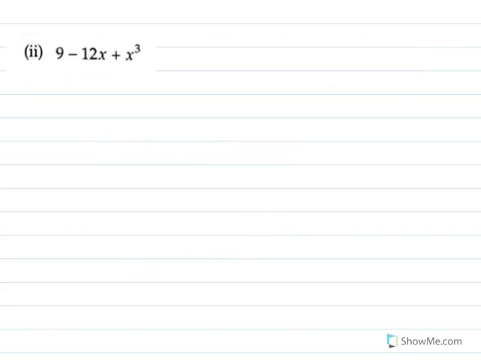For the next sum, here we have 3 terms, 9 minus 12x plus x cube, but there is no x square term. So we rewrite the polynomial as 9 minus 12x plus 0x square plus x cube.